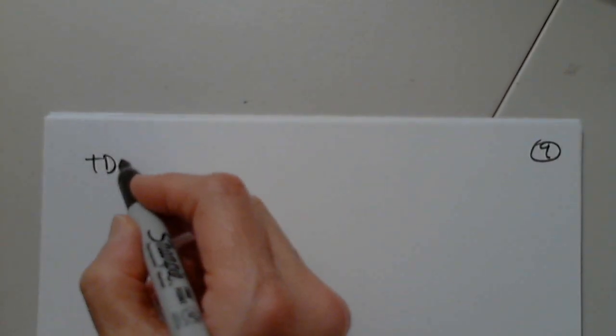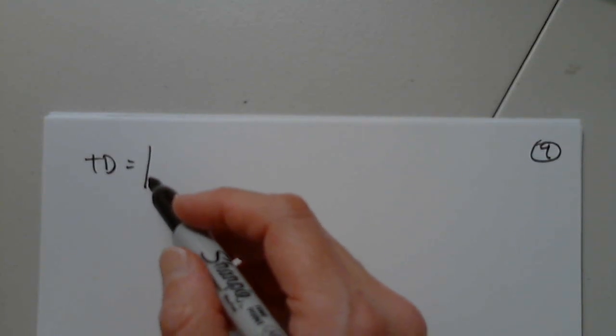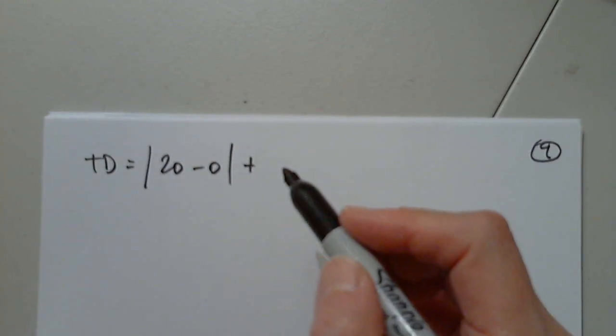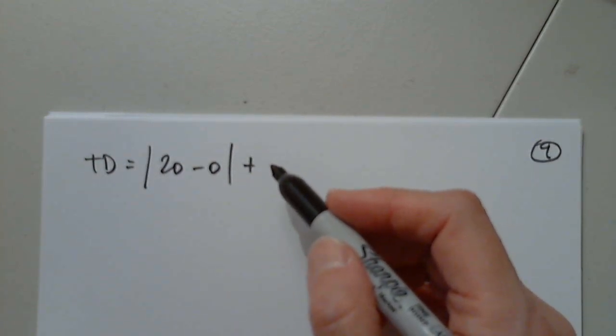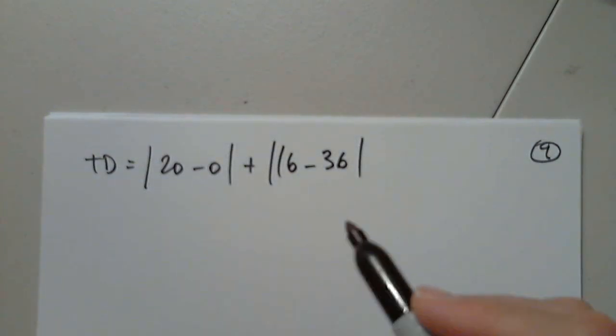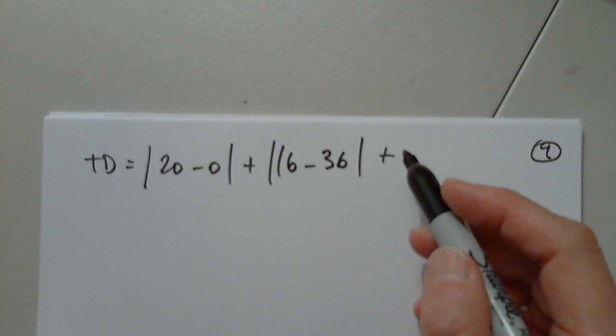So I'm going to write again. That's my page 9. Total distance equals s of 2 minus s of 0. So 20 minus 0 plus s of 4, 16 minus 36. And then plus s of 4 minus s of 2.